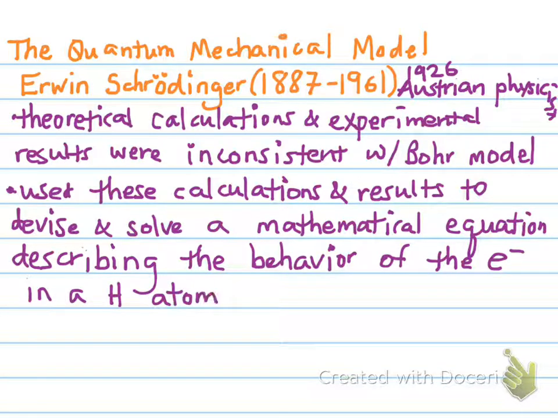So he's not going to use a ladder as his model. He's a mathematician, okay? And so he says, I'm going to write an equation that describes how this electron is behaving. Now, this mathematical equation is too much for us to look at in chemistry class in high school. If you take physical chemistry at the college level, you'll get to do a whole lot with the Schrödinger equation. Okay? It requires calculus and such to be able to look at this.